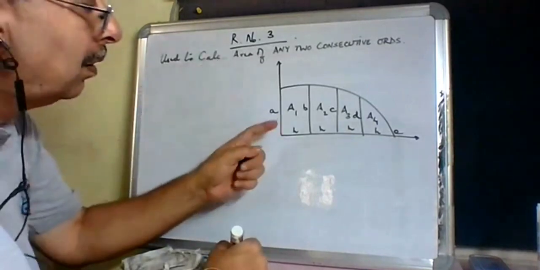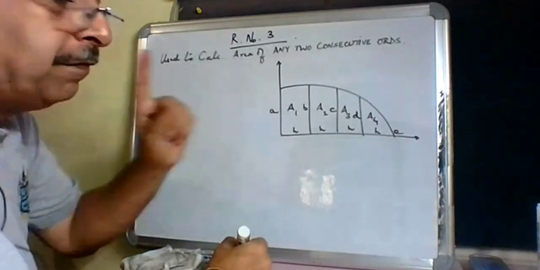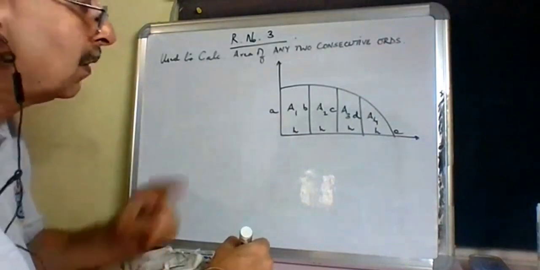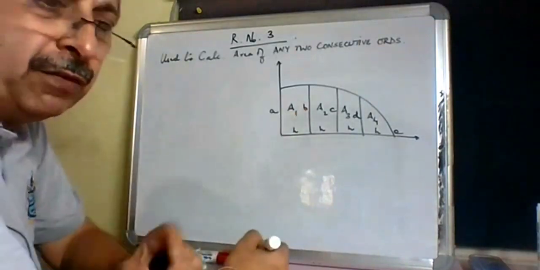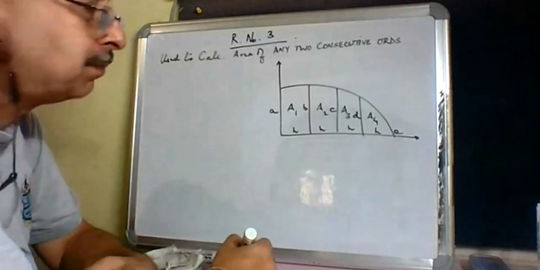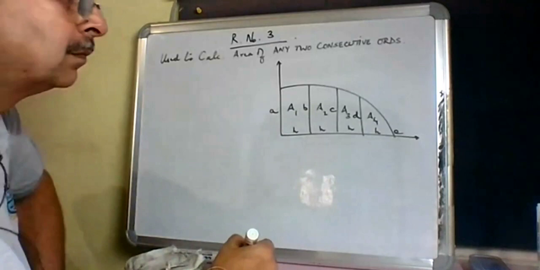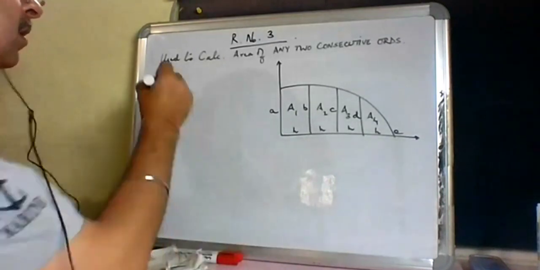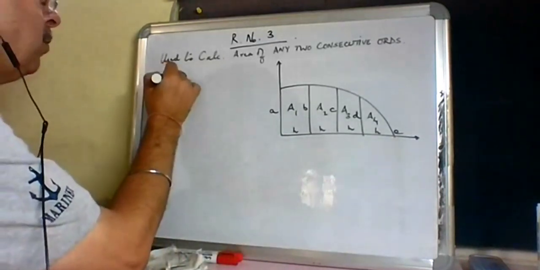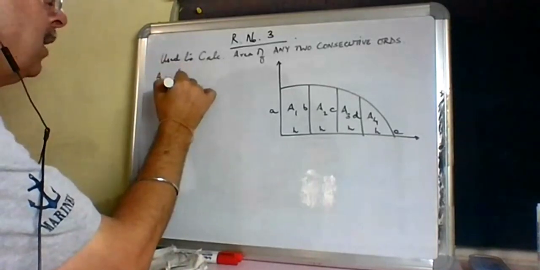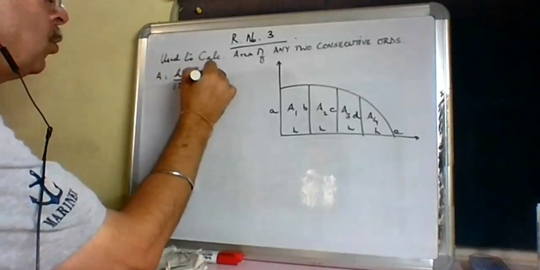Matlab, I want you to calculate only area A1. So A and B are consecutive semi-ordinates or ordinates. So we will use rule 3. So the formula is H by 12 into SOP.